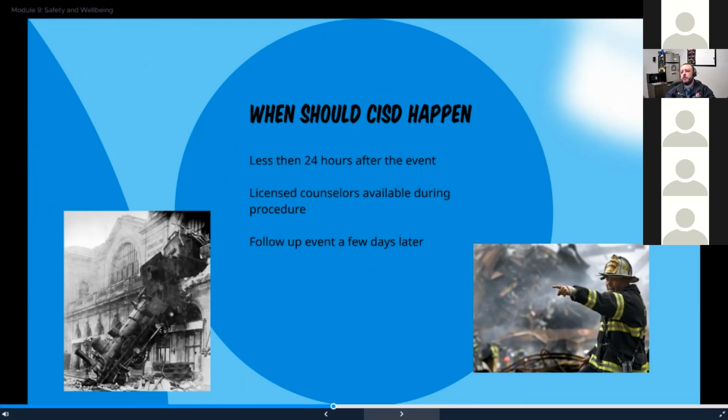We have these probably a good handful of times a year within our agency, but I highly recommend that if you don't have something, set something up so that it is available if you have to deal with some of these things. And it's not just going to be your EMS agency. Invite the fire department, the police department, even tow truck drivers and others who may have been affected by the actual call itself.